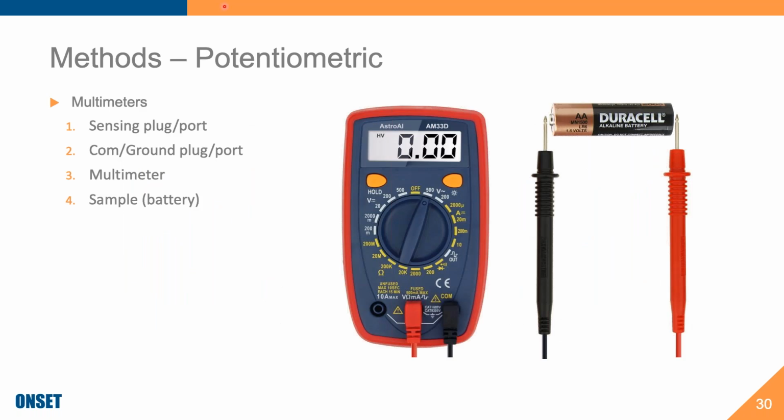In a very general sense, you can see that a potentiometric pH meter is going to be very similar to a multimeter, or voltmeter. So multimeters have a sensing plug and the sensor. You've got the COM or the ground port. You have your multimeter, that's the meter essentially, and then the battery, which is your sample.